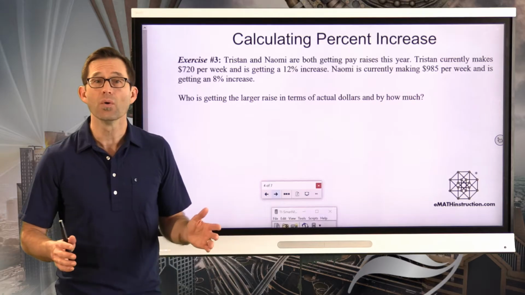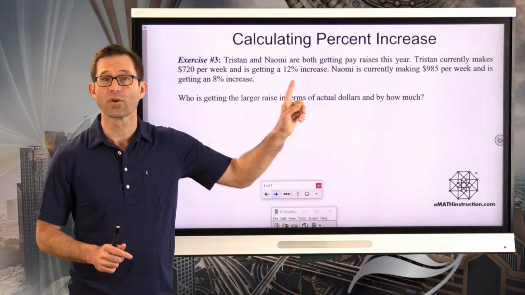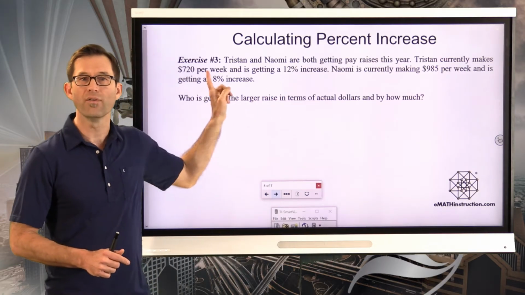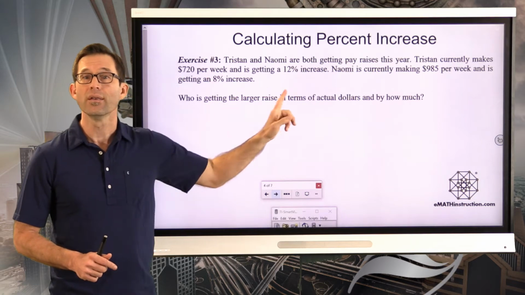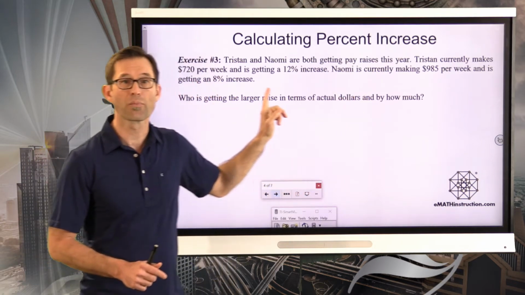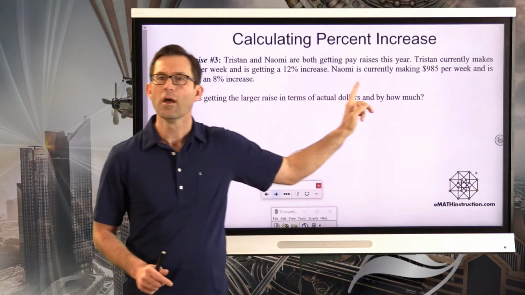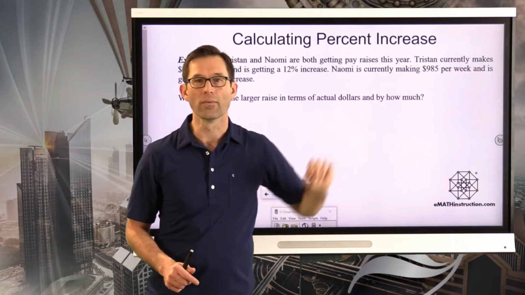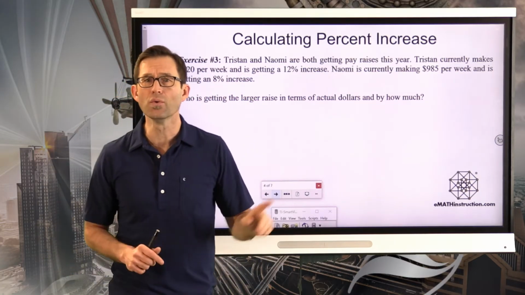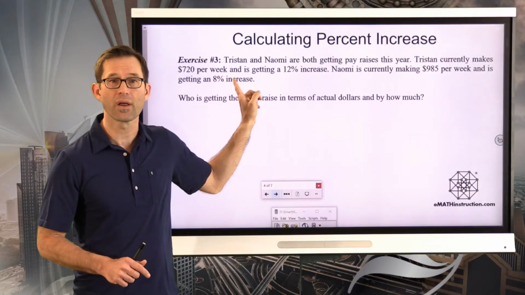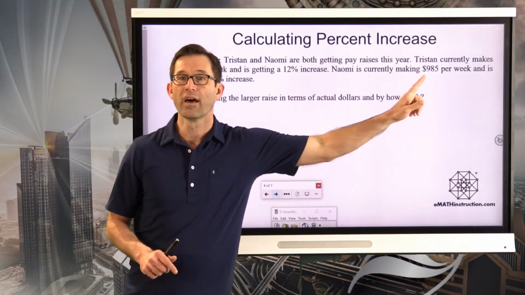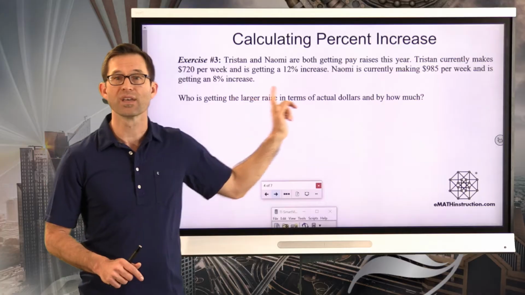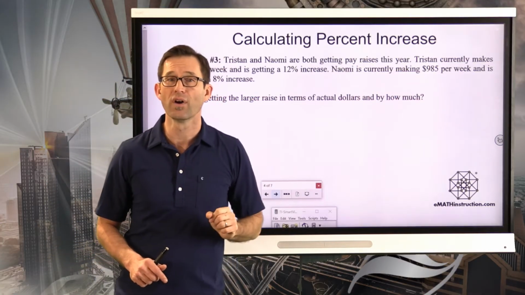All right, so Tristan is getting a 12% increase, but that's only 12% of 720. Naomi is getting a smaller percent increase, 8%, but of a larger amount. So what we need to do is find 12% of 720 and 8% of $985.